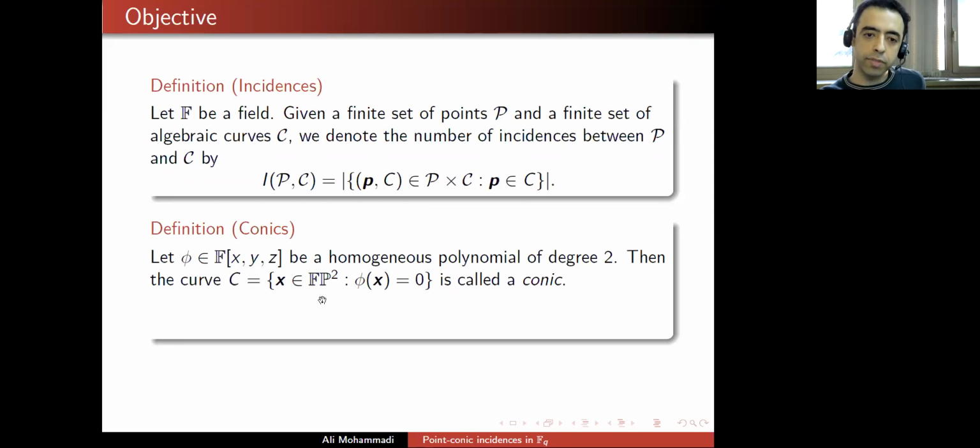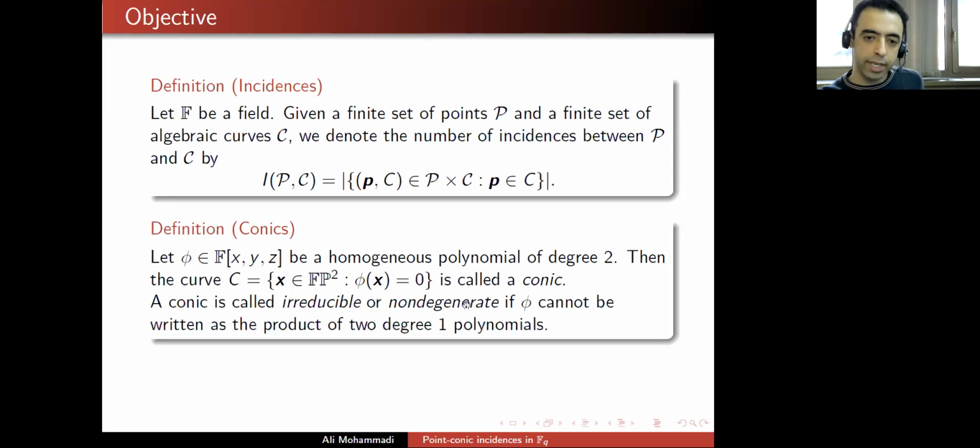The set of solutions of this with x coming from the two-dimensional projective plane will define a conic. And we say it's irreducible or non-degenerate if you can't write it as a product of 2 degree 1 polynomials.